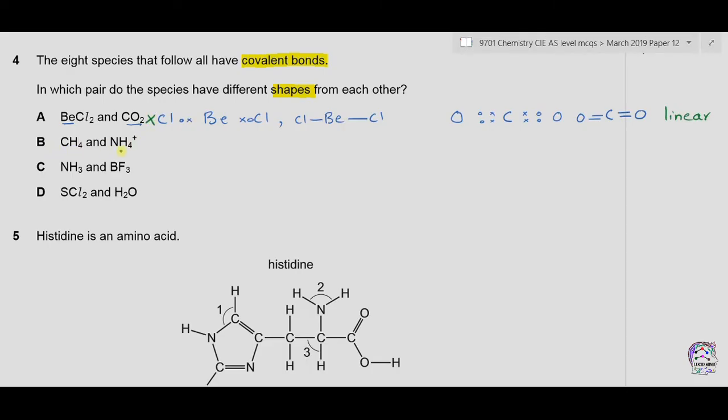B is CH4 and NH4 plus. Again, in CH4, carbon makes 4 covalent bonds. And the bond angle is 109.5. The structure is tetrahedral.